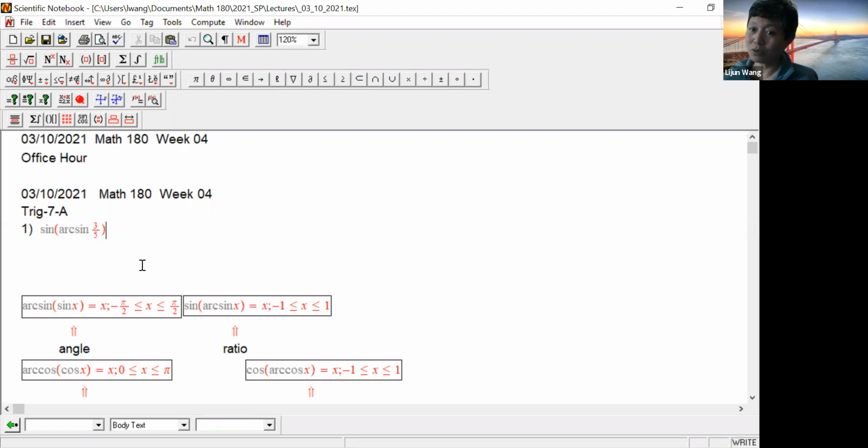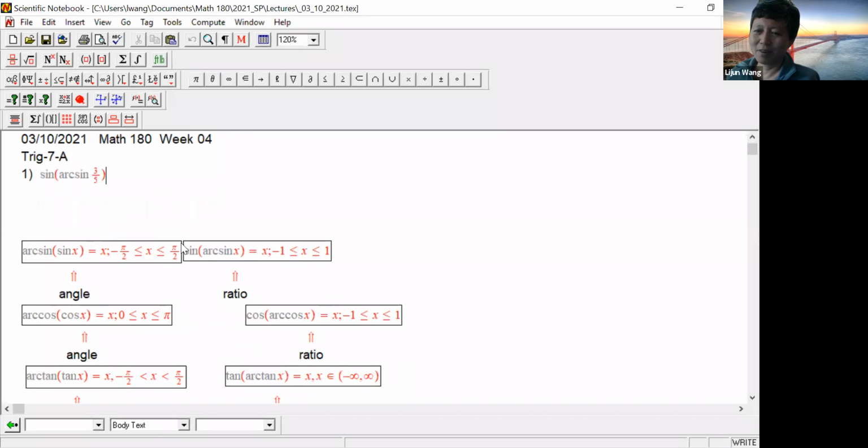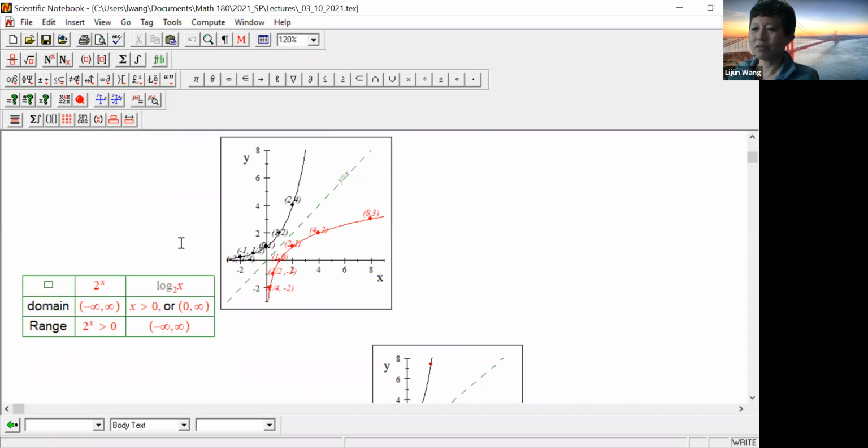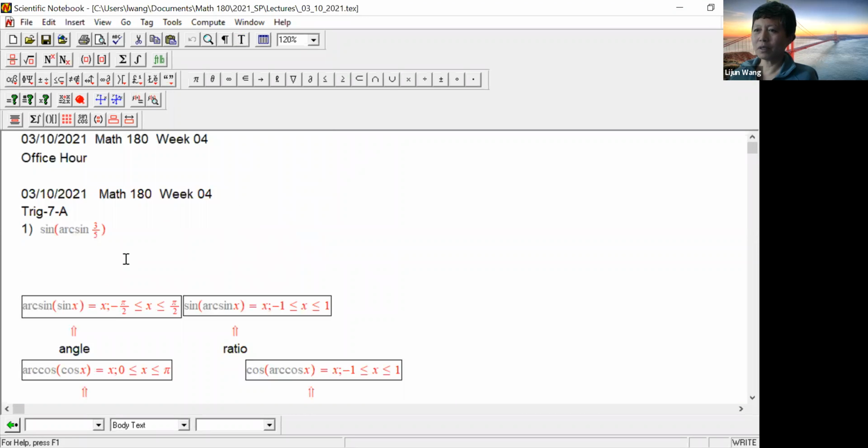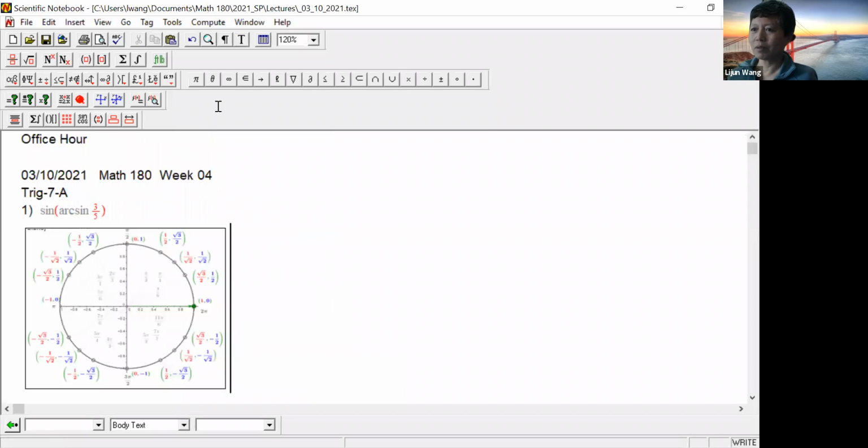There are at least two ways to do this. Which way do you want first, the easy way or the hard way? None of them is hard unless you don't understand.